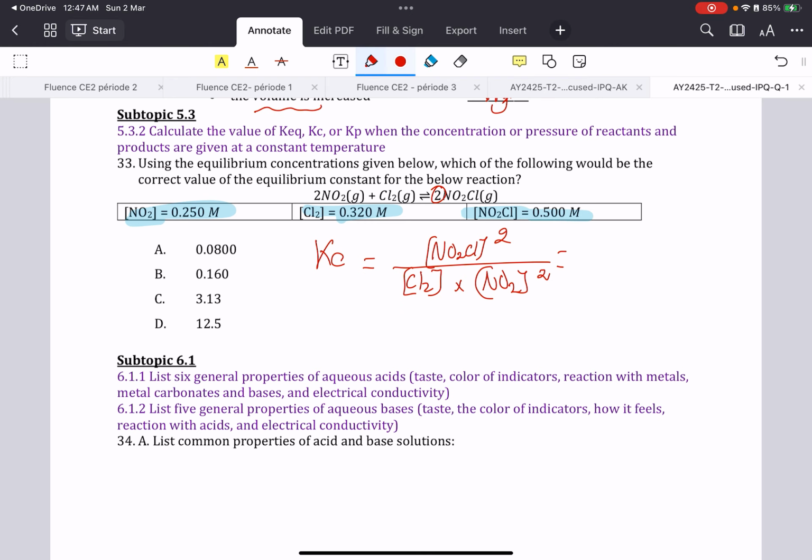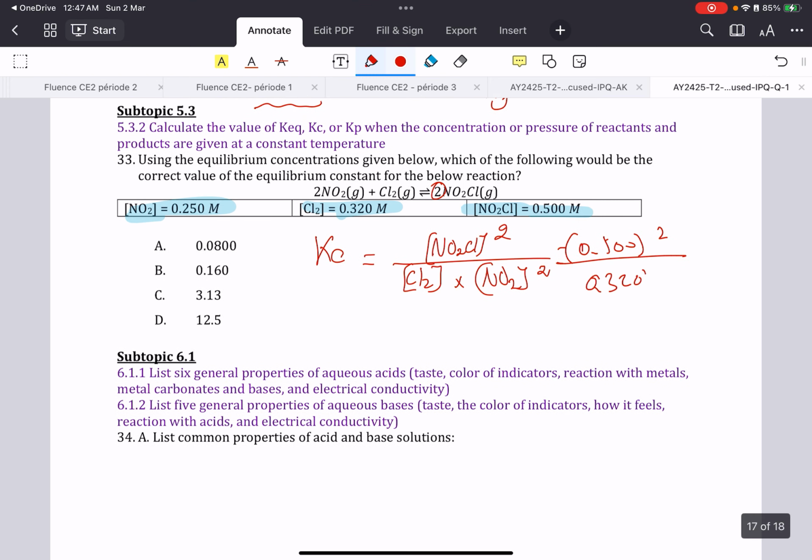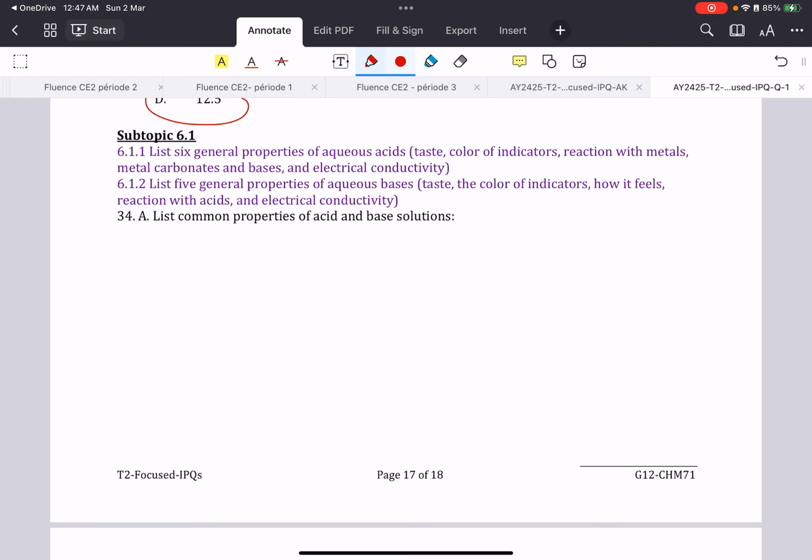So the answer is going to be 0.500 squared over 0.320 and 0.250 squared. So the answer is going to be 12.5.